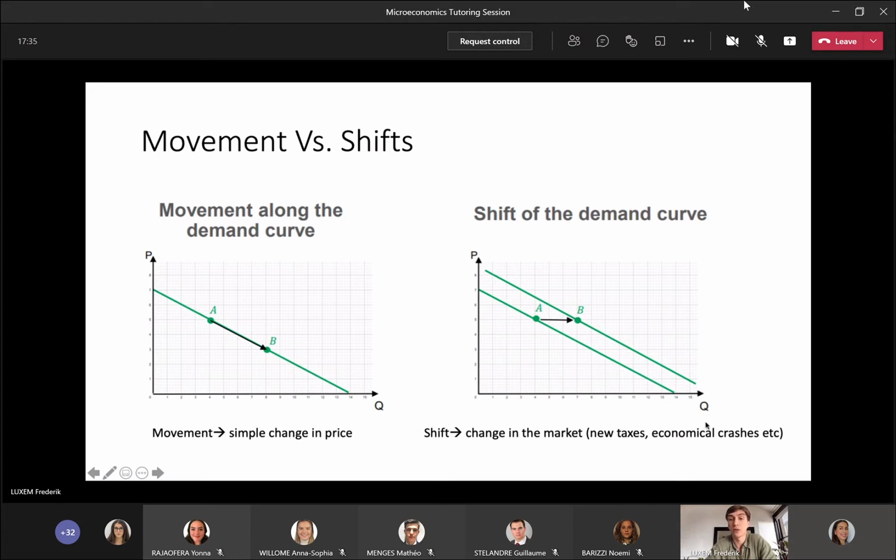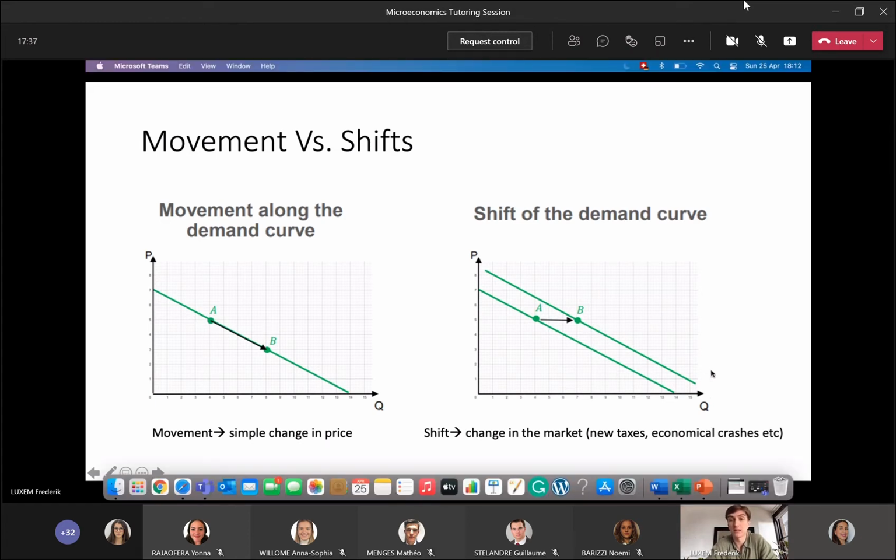And when we talk about a shift, it's when the whole curve is moved. So often, for example, in the question, he talks about a tax cut, he'll ask you, in which direction does the curve shift, left or right?